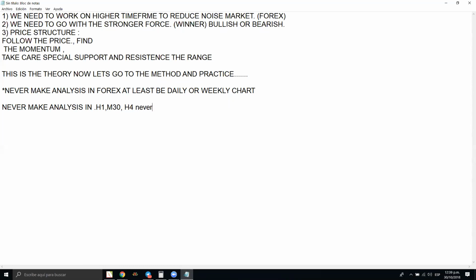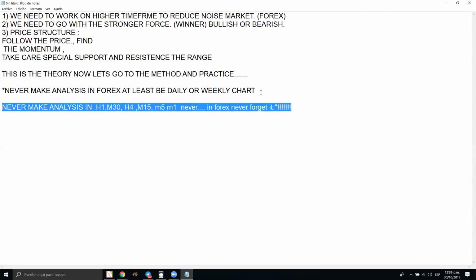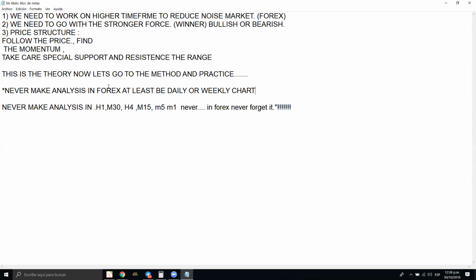Never in M15, M5, M1. In Forex, never, forget it. So for the analysis, we are only going to begin with daily, weekly, or even, I really like the monthly chart. Never in lower time frames, never in Forex.